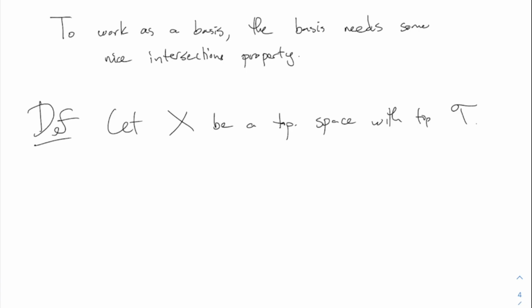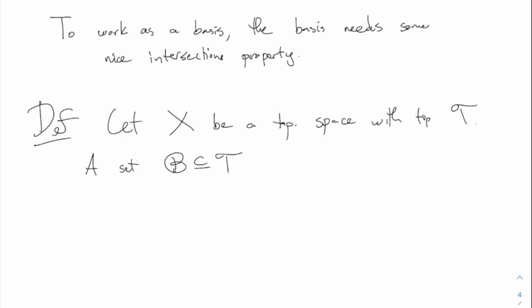Now, a basis is just a collection of some nice open sets, not all of them, but just some of them. So a set B, which is a subset of T. This is my fancy B. I hope you can write a fancy B, because I'm also going to write a normal looking B. There's a lot of fonts in topology. So T refers to all of the open sets. B refers to only some of them. We're going to call them a basis.